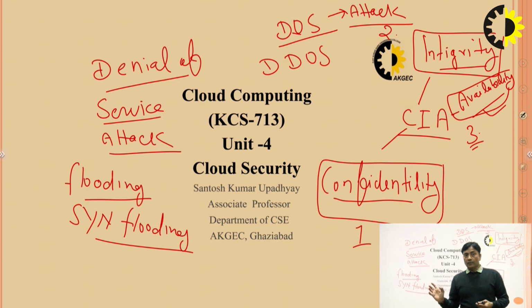So the attacker sends many different packets, and that creates a flood of packets in the network to that particular server. So what happened by doing this? The server is so loaded, so busy, that it cannot handle the legitimate or genuine requests.